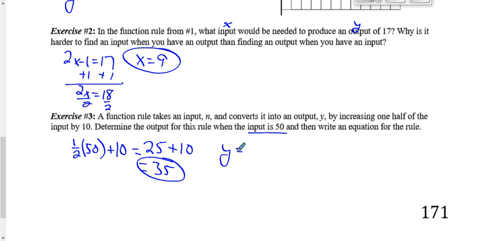Y equals, no, we're not using 50. 1/2 times any input x, it was 50 here, plus 10. Okay? And there's our input-output rule, our function rule, our equation, right? All kind of the same thing, isn't it? I just like the graph part of this.